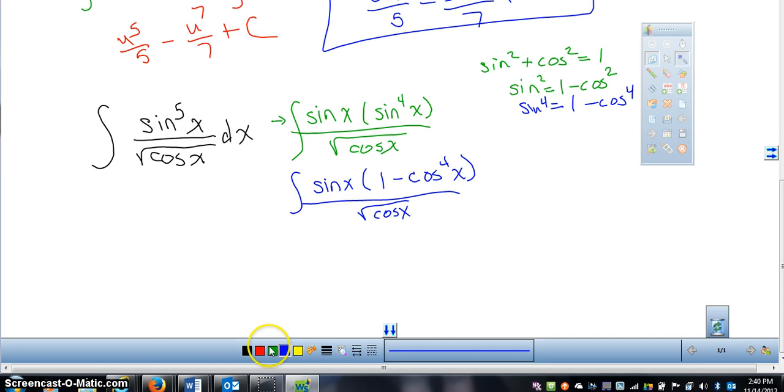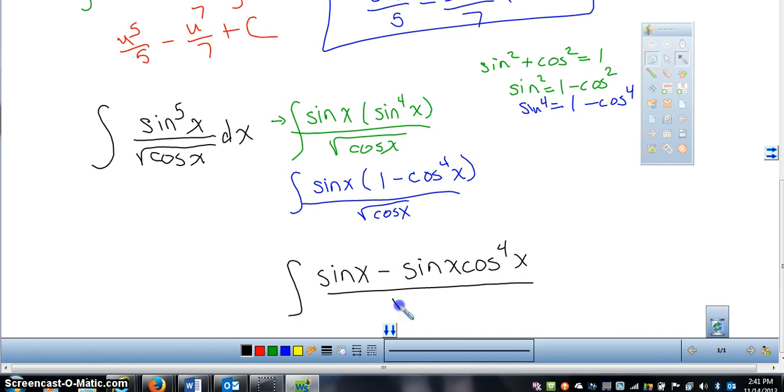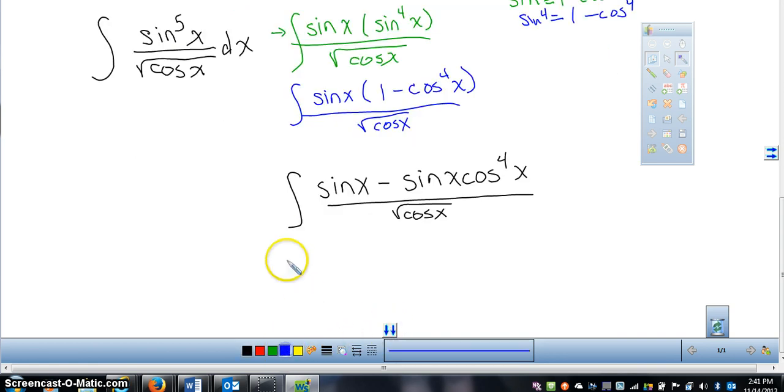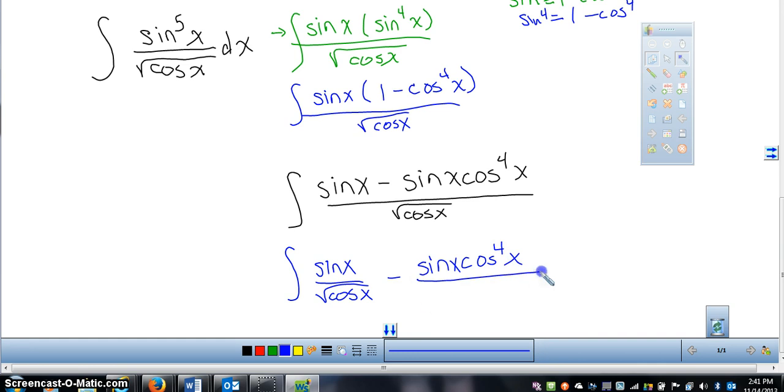And now lots of algebra. Distribute. So I get sine of x minus sine of x cosine to the fourth of x all over the square root of the cosine. And break this up into two functions. So I have sine of x over the square root of cosine minus sine of x cosine to the fourth over the square root of cosine.